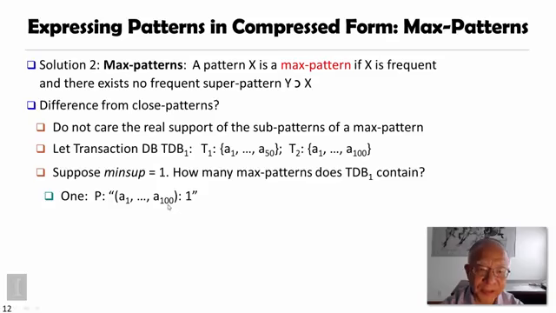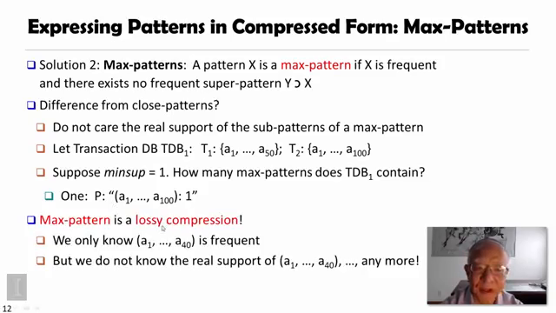To that extent, it's a further compression, so you only get one pattern. But it is a lossy compression, because we only know A sub 1 to A sub 40 is frequent, but we will not know the real support of A sub 1 to A sub 40 and many more. So you do lose the support information of many frequent itemsets.